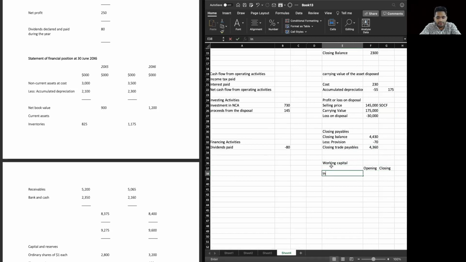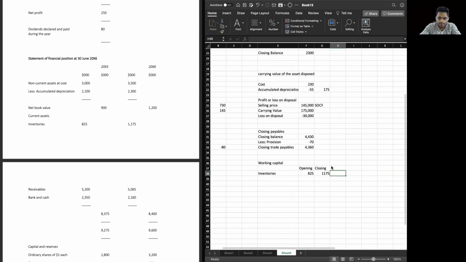So to begin with, I have inventories. My inventory opening balance is 825. Closing balance is 1,175. So I will have an increase of 350.